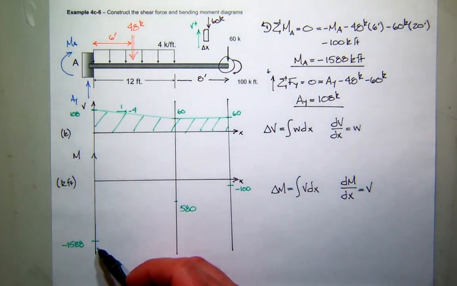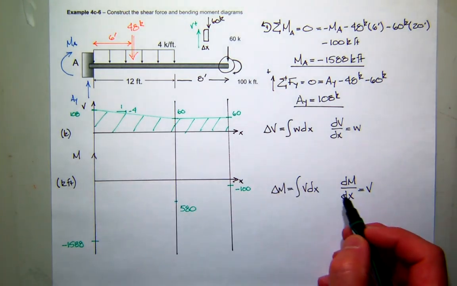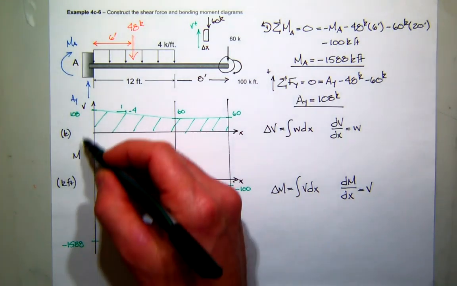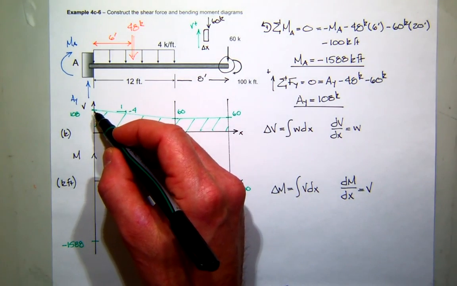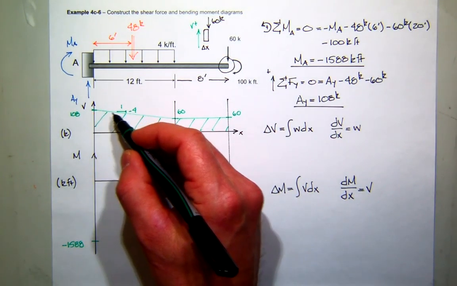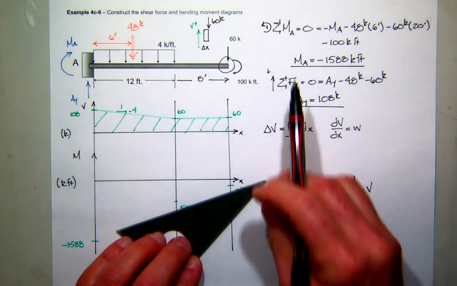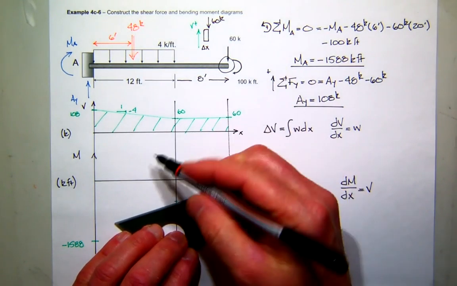What's the shape of the curve in between? Well, it's given by the slope, and the slope is the shear. So the shear starts off at a positive value of 108 and drops down to a positive value of 60. So let's see if I can draw this.